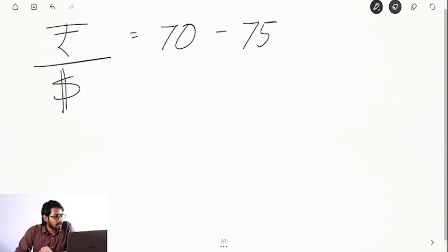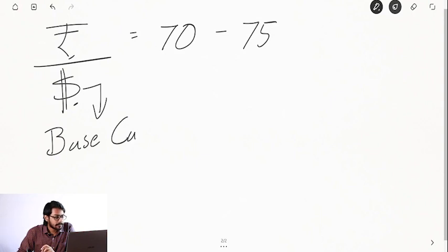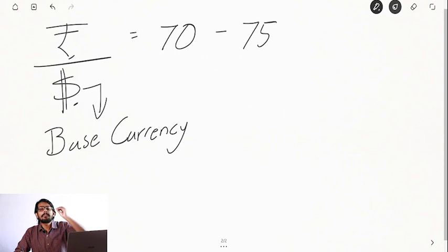Okay. First of all, look at this quotation, rupee by dollar. This is your normal quotation. The denominator, the currency that comes below, dollar in this case, is called the base currency. Dollar is called the base currency. Our discussion is going to be about dollar.